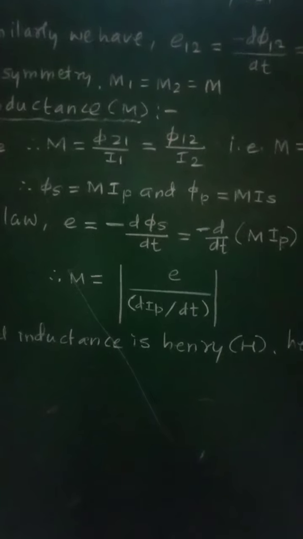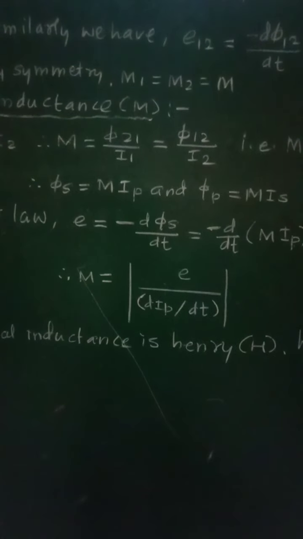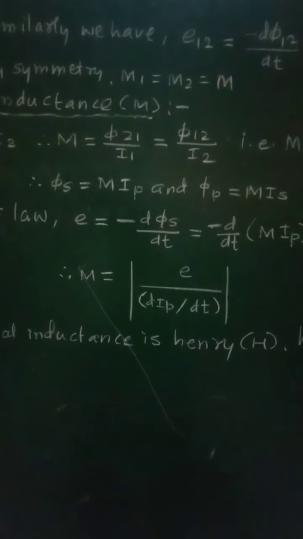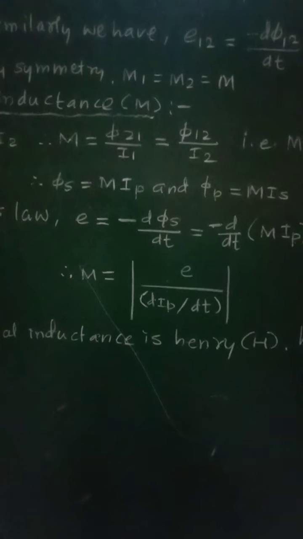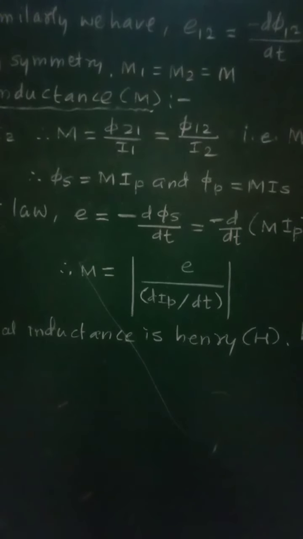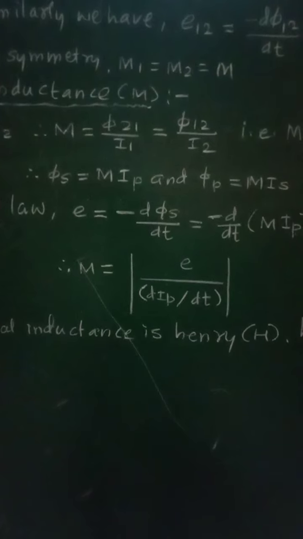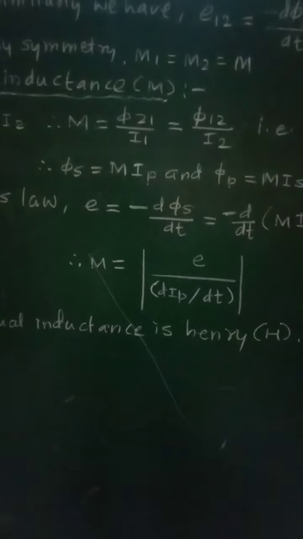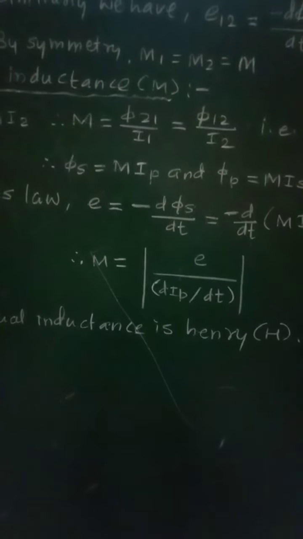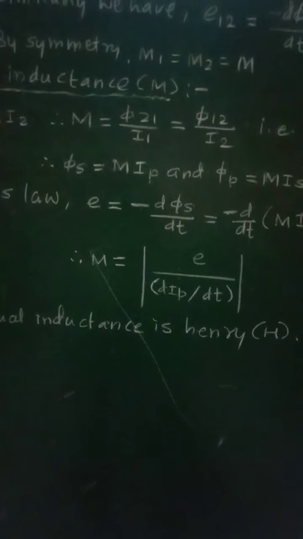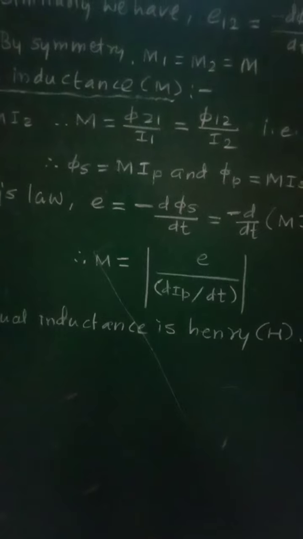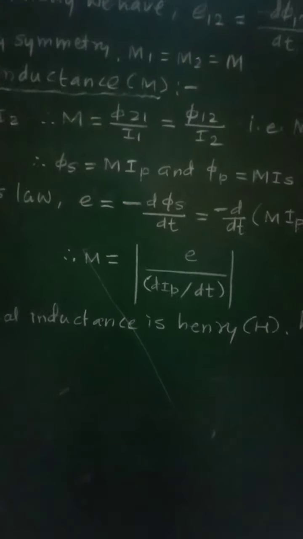Now from this relation we can define Henry again. If the current in the primary coil changes at the rate of 1 ampere per second and the EMF produced in the secondary coil is 1 volt, then the mutual inductance of the two coils is said to be 1 Henry.